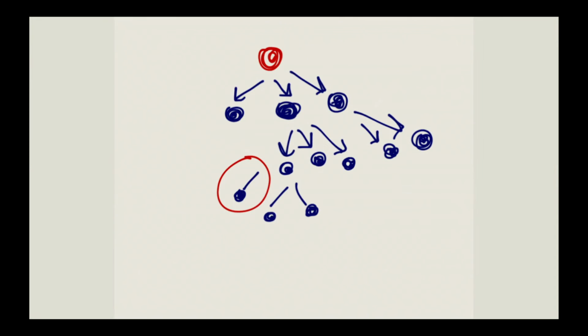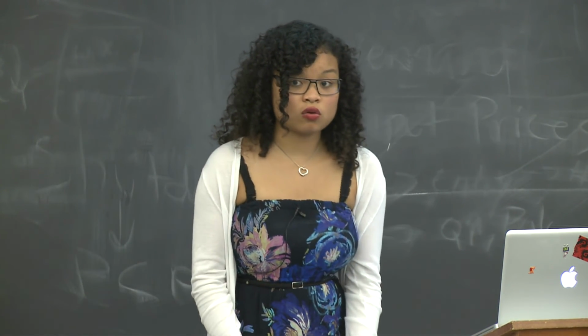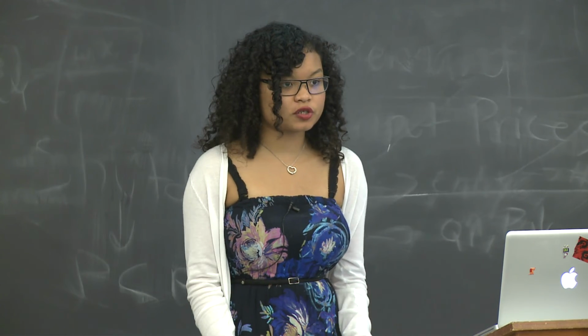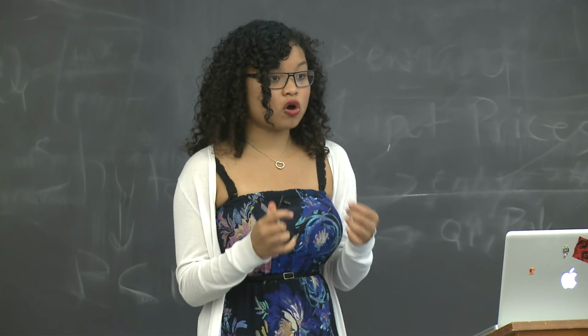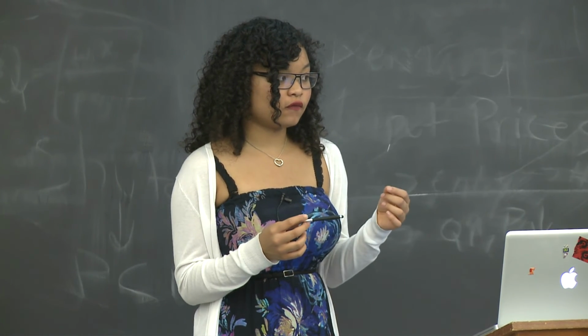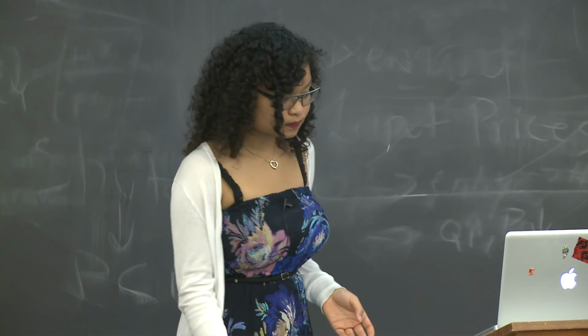So that's why it's important in unload for a trie to free the bottom first. So what you might want to do is say, okay, for every node, I want to unload all of the children.